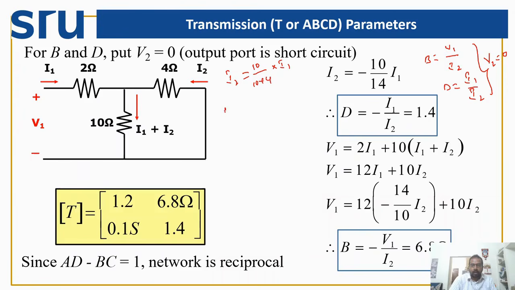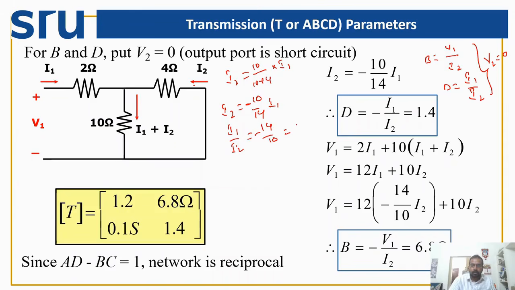So I2 is equal to 10 by 14 I1. But we have assumed in general the current I2 to be inside the convention, but what we are taking, I2 is in the opposite direction. So in order to satisfy this, we can write minus. So my value I1 by I2 is equal to 14 by 10 minus.